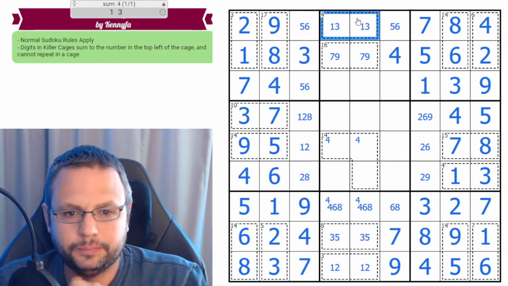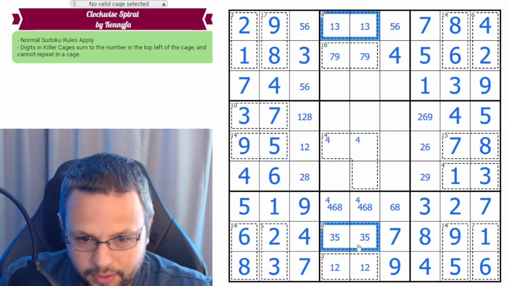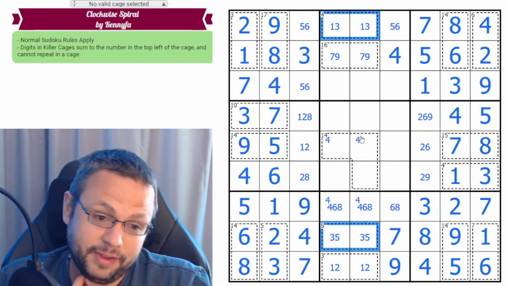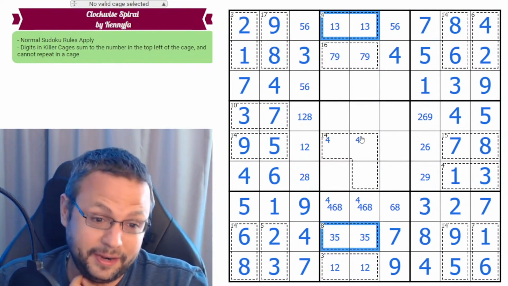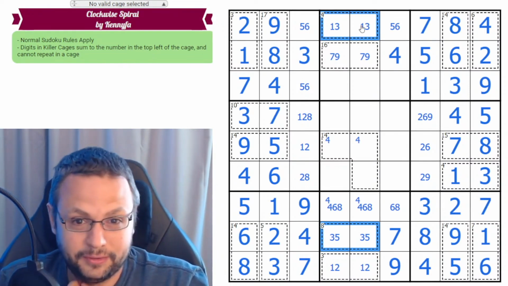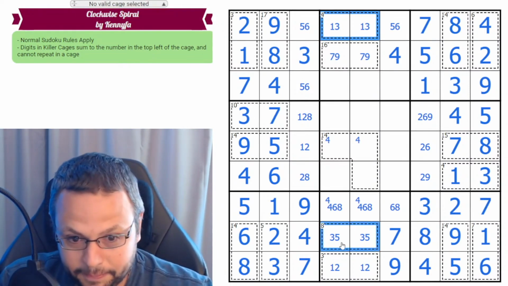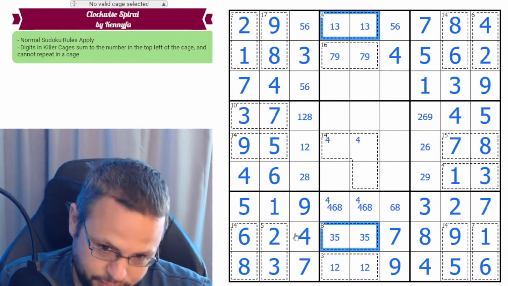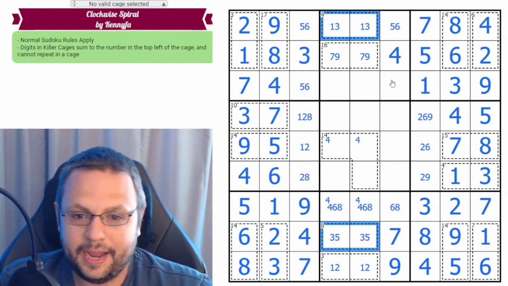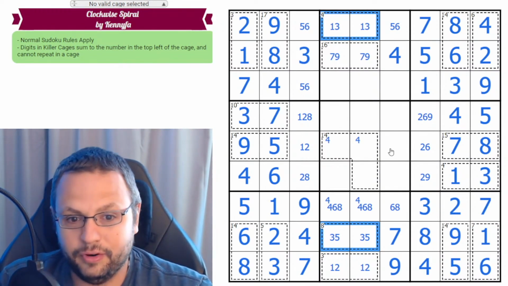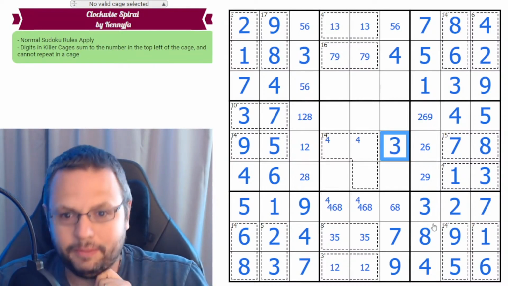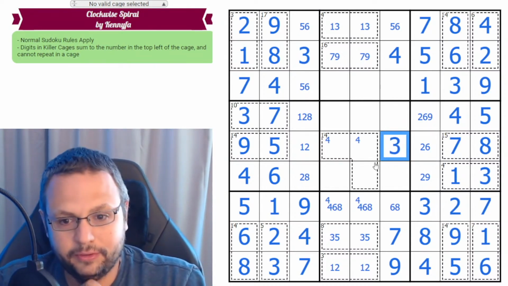Okay, so the Jovi wing on 3s, which I mean, to be clear, I don't think Jovi ever chastised anyone. She just said it's not an X-wing if it doesn't cross 4 boxes. So that's why it's called the Jovi wing. This Jovi wing on 3s tells me that the 3 in column 6 lives over, in fact, exactly here. That would have been, I think, the smarter way to do this.